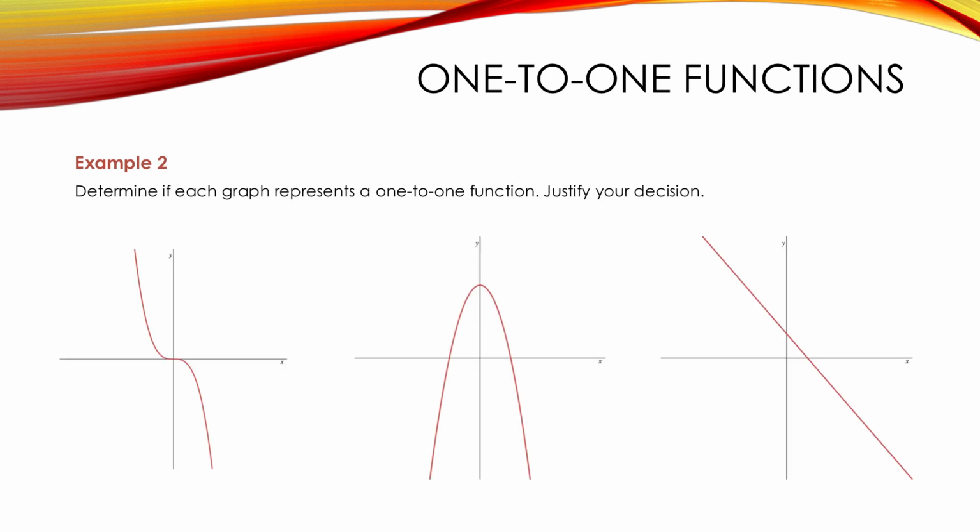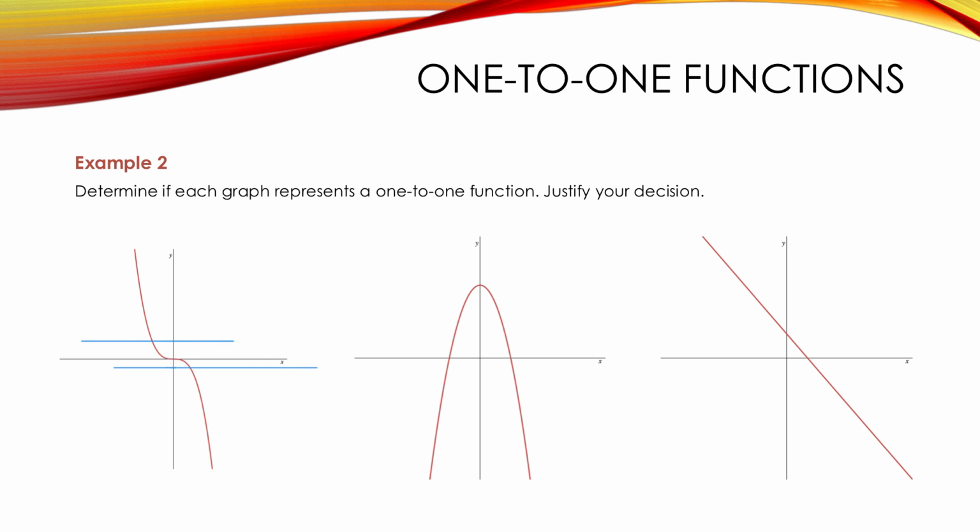Graphically, remember we have the horizontal line test. If that's the case, then when I draw a horizontal line through each of these graphs, it should only pass through the graph once. So let's look at the first one, this cubic. It passes through once, passes through once. And while it may look like there is an issue here in the middle, it is only momentarily tangent.